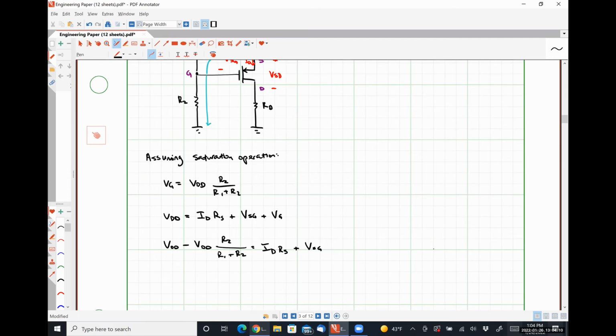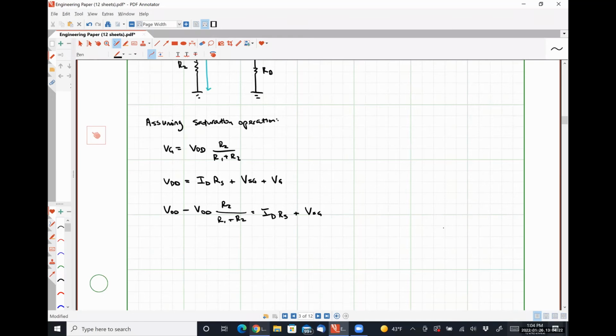What that would give us is VDD times R1 plus R2 minus R2. So the R2s go away and we wind up getting VDD times R1 over R1 plus R2.